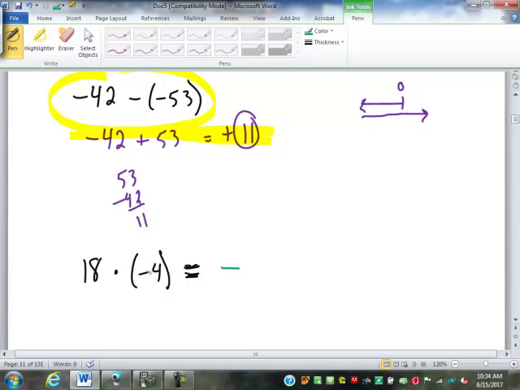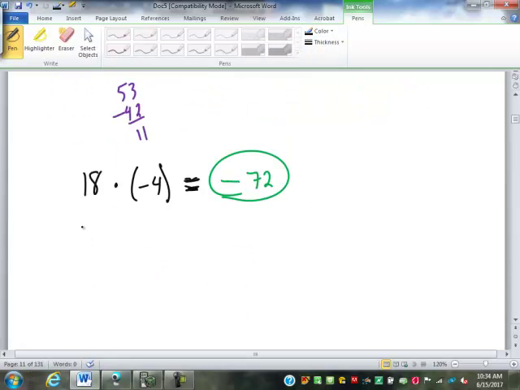Whenever we're multiplying or dividing, if they're both the same, in other words, both positive or both negative, the result should be positive. If there's one of each when we're multiplying or dividing, then we expect it to be negative. So we expect this answer to be negative. So now it's just 18 times 4, which is 72. So a negative 72.